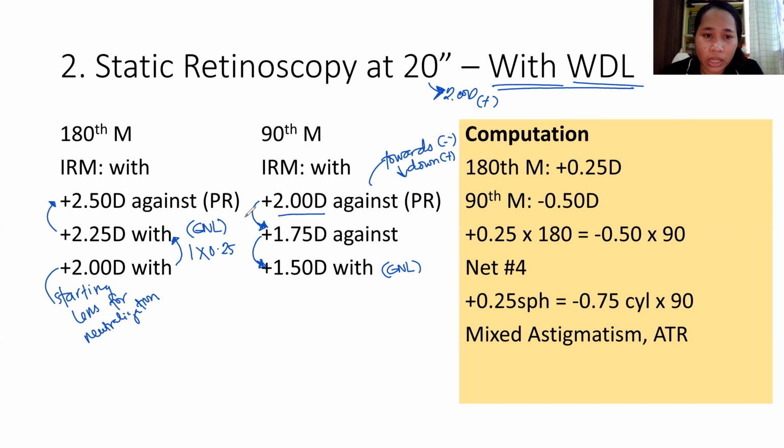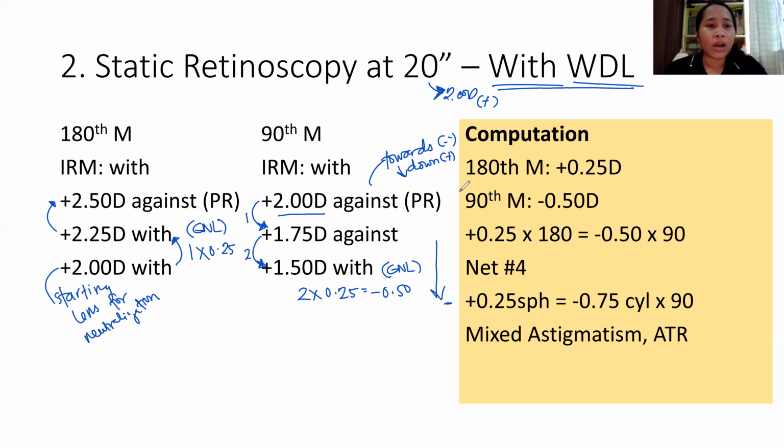So your counting is 1 and 2. 2 clicks, 2 times 0.25 equals 0.50, and the sign will be minus because you went down towards minus. So the sign will be negative.